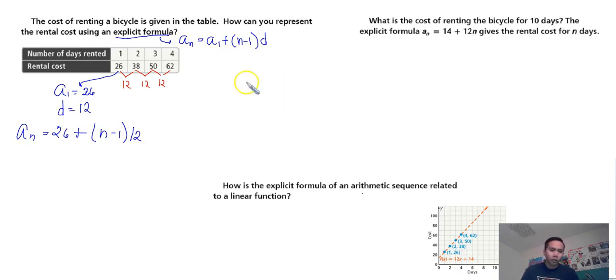Then you simplify this using the distributive property: 26 plus 12n minus 12.